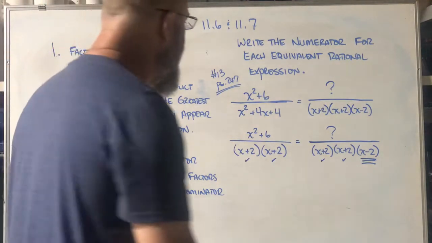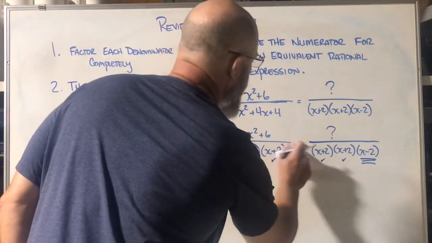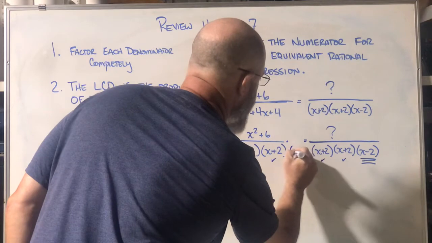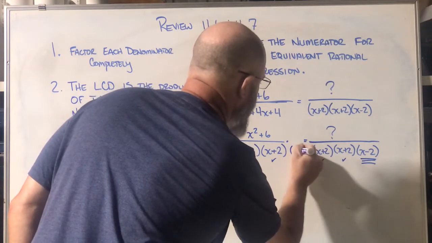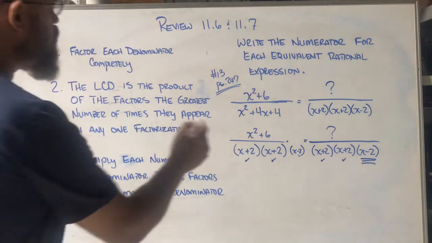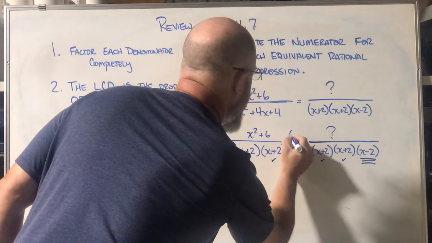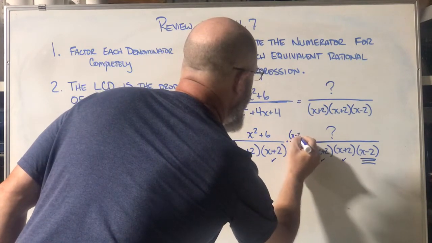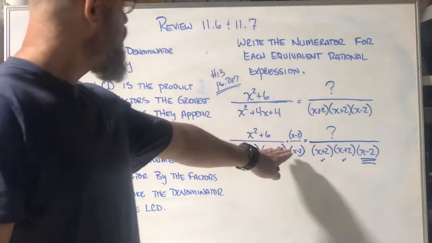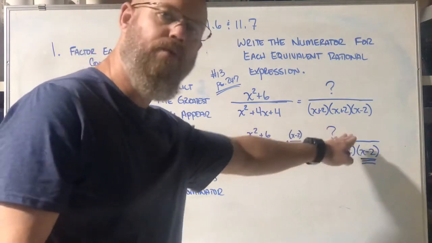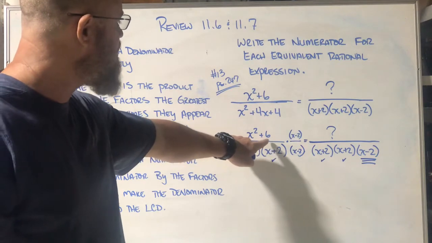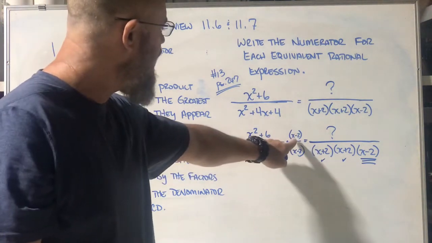So if we multiplied x minus 2 to the denominator, I also have to multiply the numerator by x minus 2. So our new numerator is going to be x squared plus 6 times x minus 2.